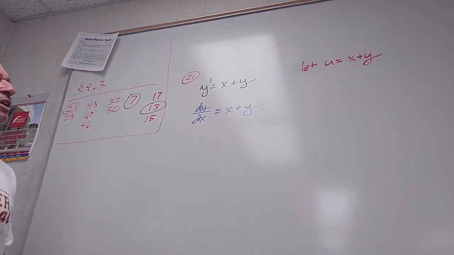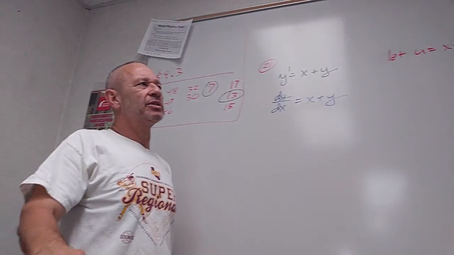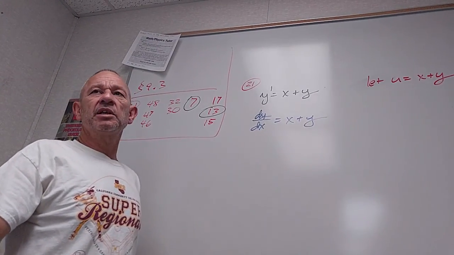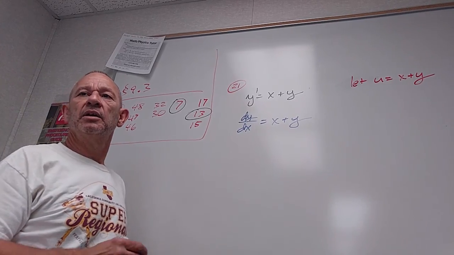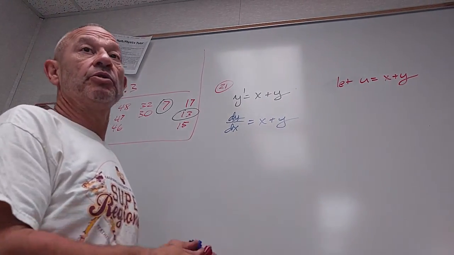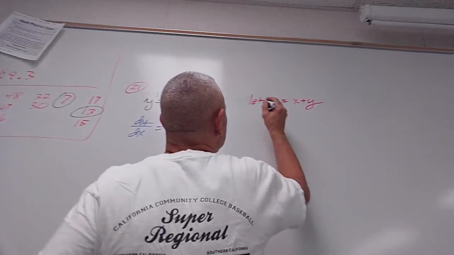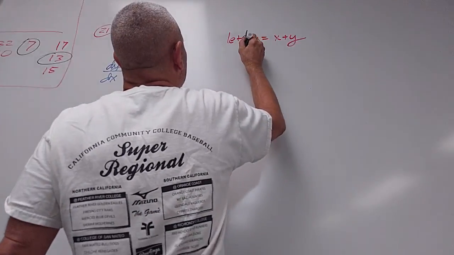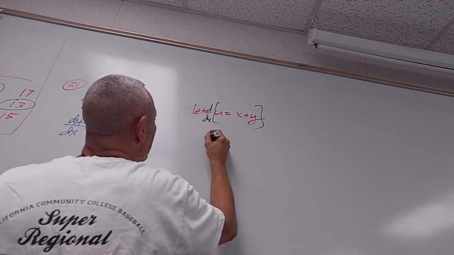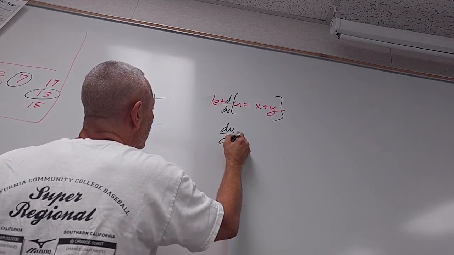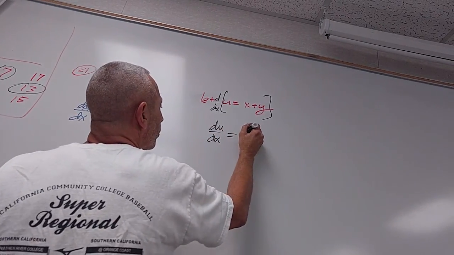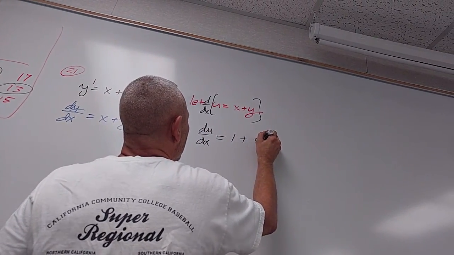Okay, what about dy/dx? How in the world do I substitute for that? Let's take a derivative with respect to x. All right, so I get du/dx equals 1 plus dy/dx.